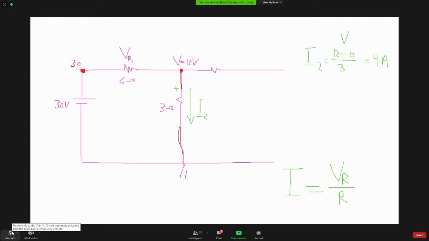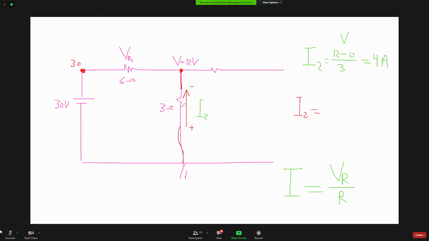Now what if I change the direction of the current? And I say, okay, find I2 going this way. In this case, here's the polarity now.